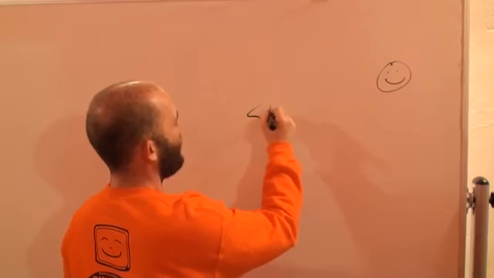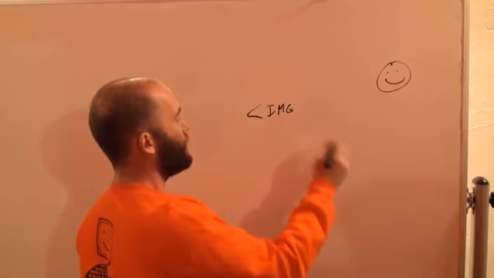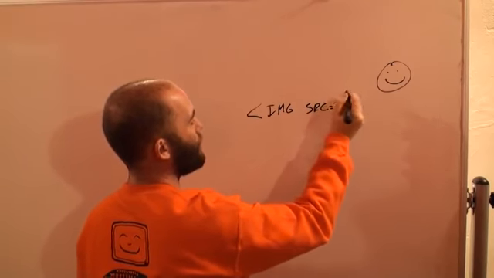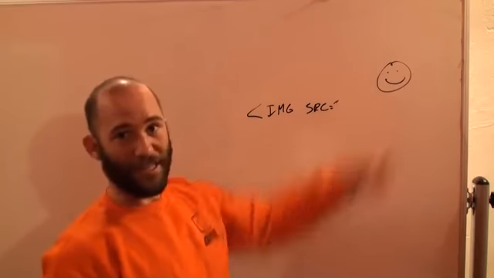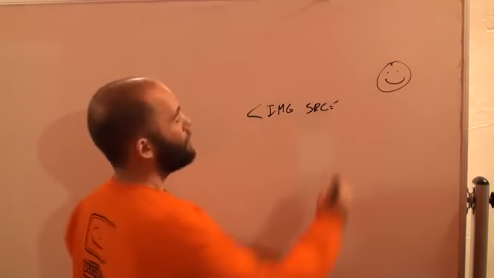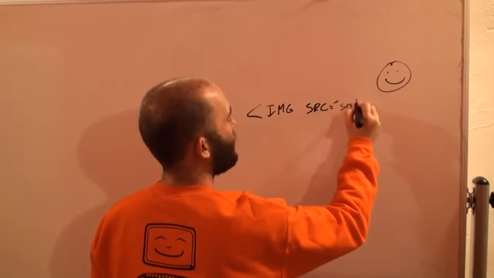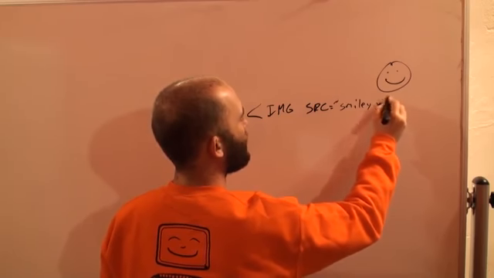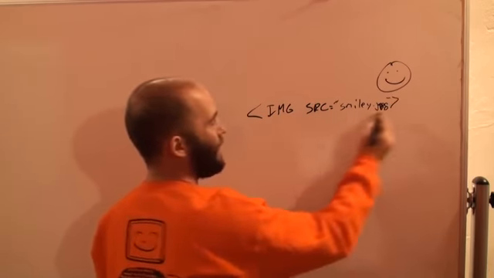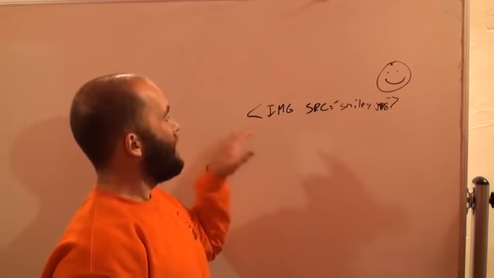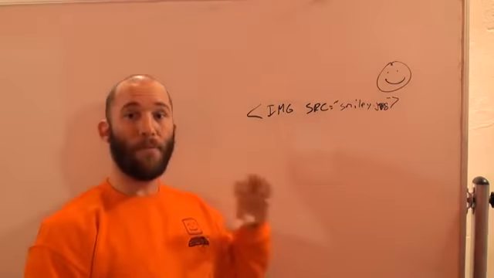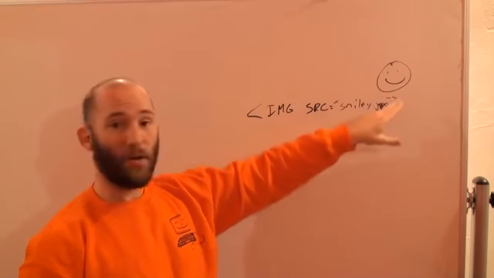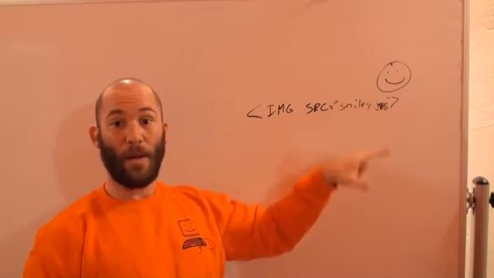So we would do img space src equals quotation marks, and then let's say this is called smiley.jpg. By putting this line of code into the web page, this now will tell the web browser to grab this picture and put it into the web page. So this is how you display a picture in a web page.